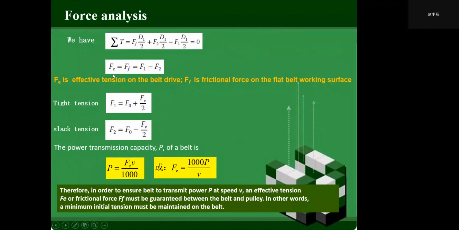In other words, a minimal initial tension must be maintained on the belt. FE is the force transmitted by belt, and P is the power transmitted by belt.